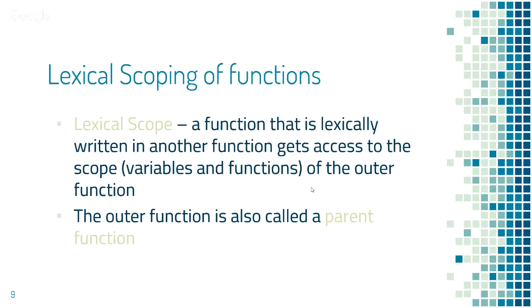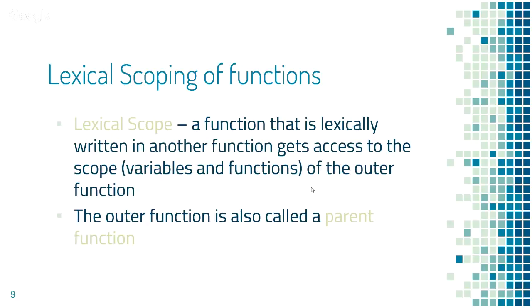So lexical scoping means that if a function is written inside another function, the inner function gets access to the scope defined in the outer function, which is also called a parent function. So this is something I want to point out because later in the presentation we'll refer back to this definition.